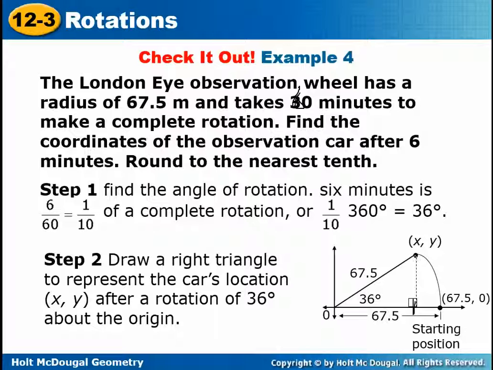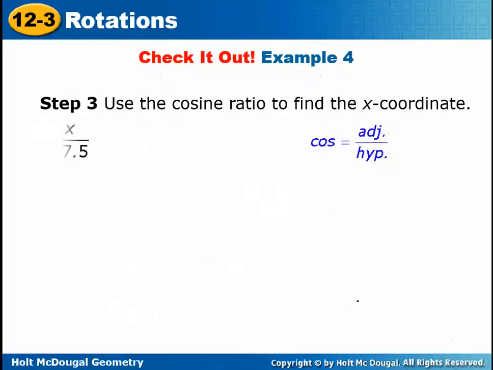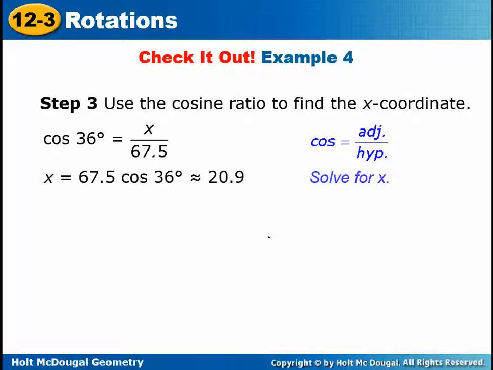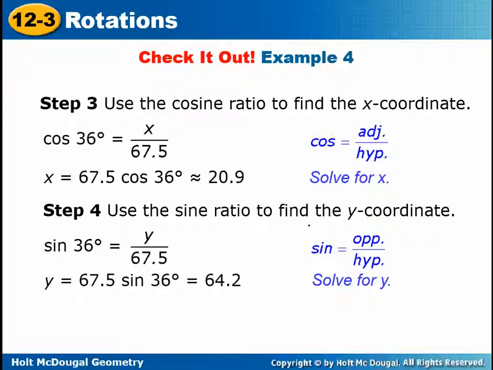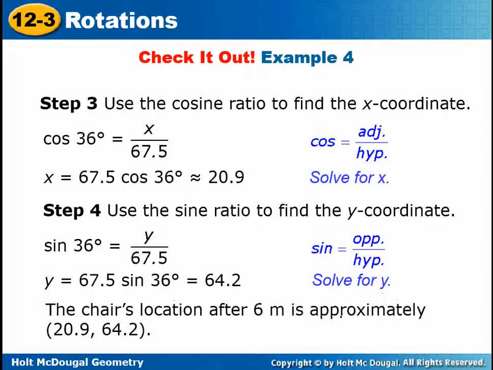And we can use sine to find the y-coordinate. So the cosine of 36 times 67.5 is approximately 54.6 for our x-coordinate. The y-coordinate is going to be the sine of 36 times 67.5, which is approximately 39.7. So our chair's location after 6 minutes is at approximately (54.6, 39.7).